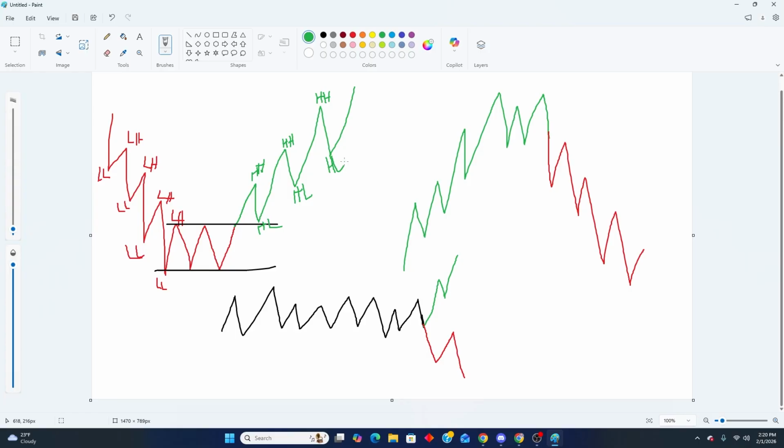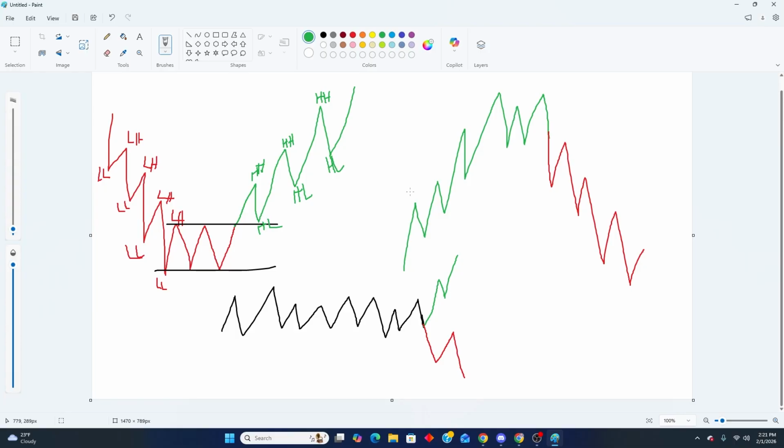So this is when structure begins to shift. Part 1 is when we're not making any more lower lows or lower highs. Part 2 is when structure breaks the system and then it begins to bounce off the previous system to find support and push off. Feel me?